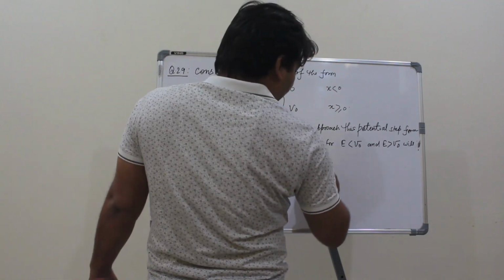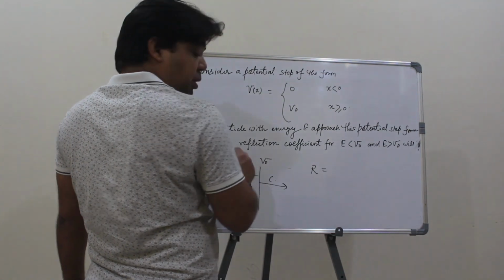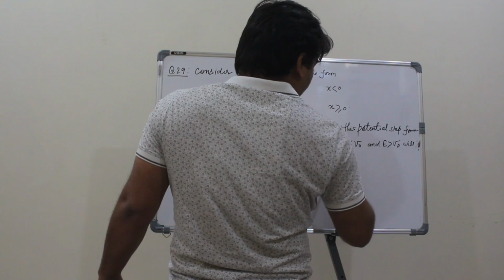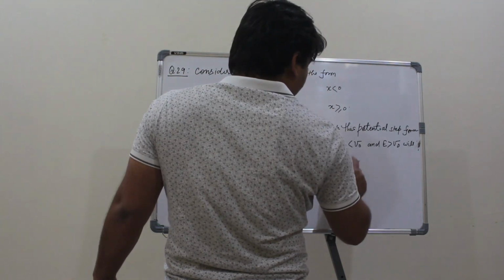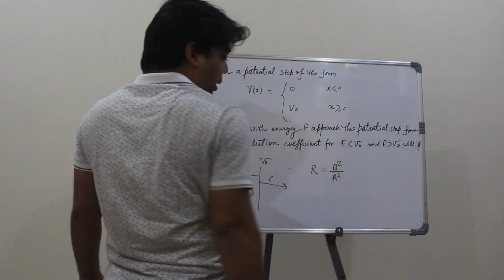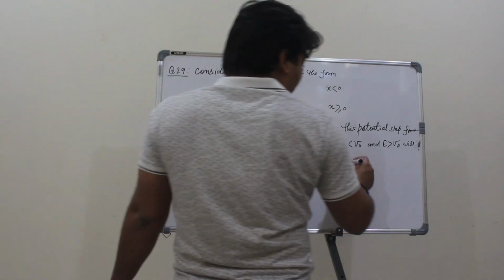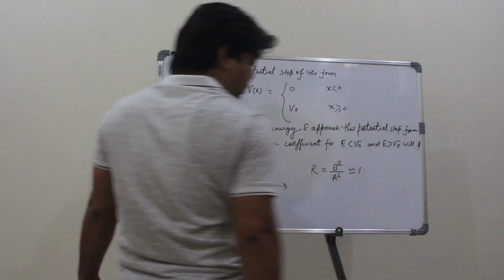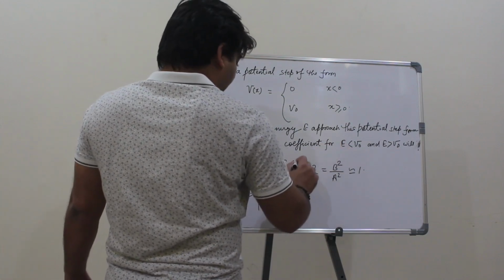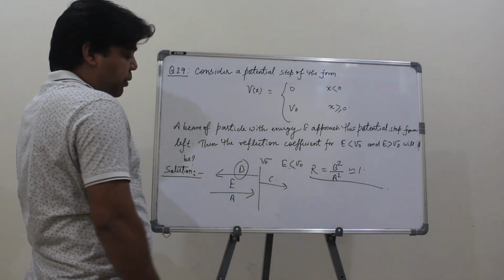In this case, the reflection coefficient, which is defined as the amplitude of the reflected wave squared divided by the incident wave squared, is B squared by A squared. As all the wave which is incident is getting reflected, it is nearly equal to 1. So for E less than V naught, the reflection coefficient is almost 1.